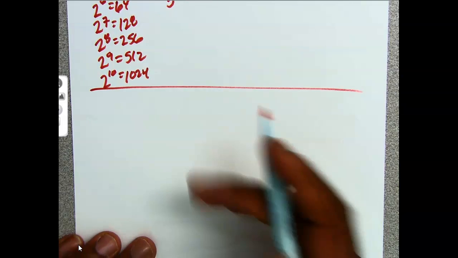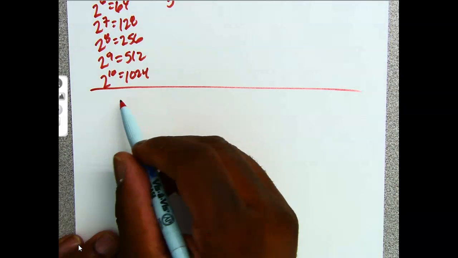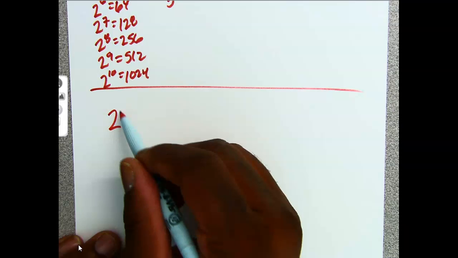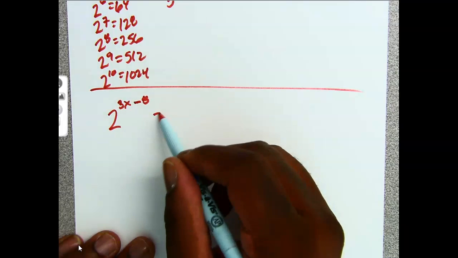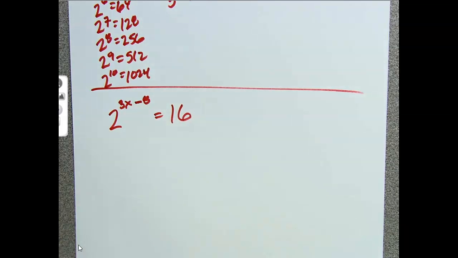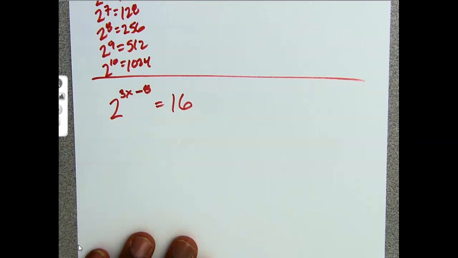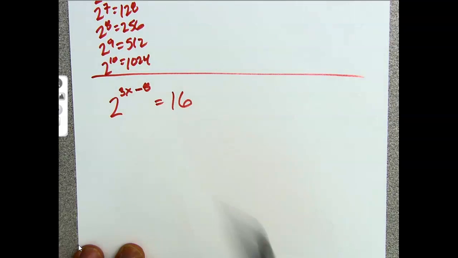Okay, so I gave you an example earlier of 2 to the 3x minus 8 is equal to 16. Now we're going to try to solve this without using a calculator. What's x equal to? One of the things we can do is determine if we can rewrite both sides so that they have the same base.